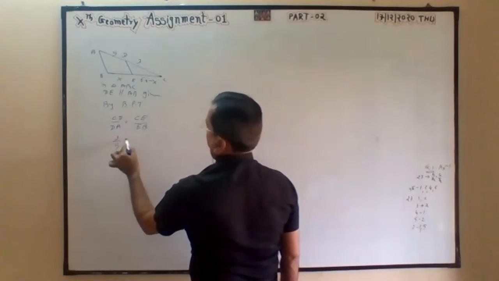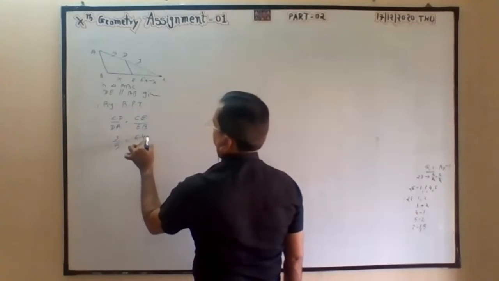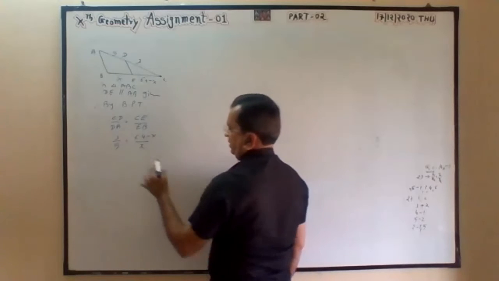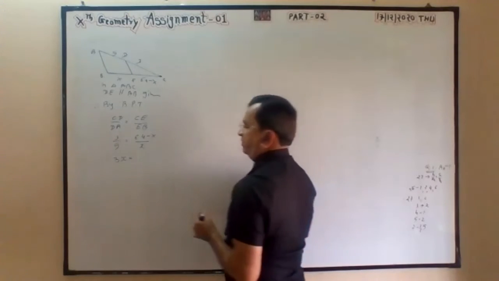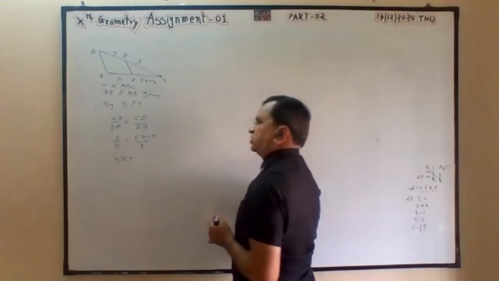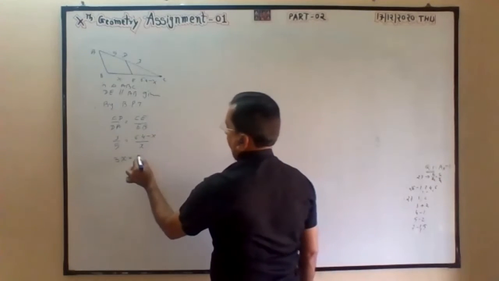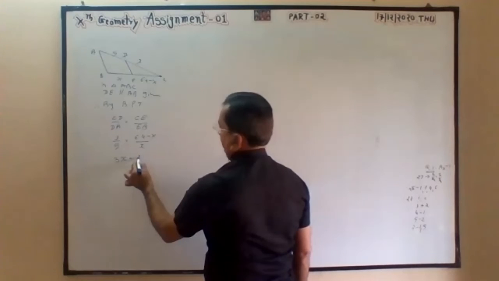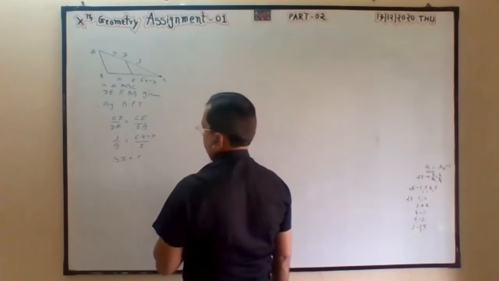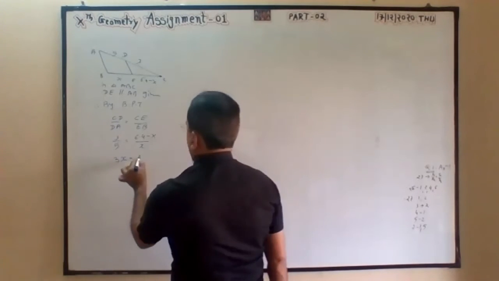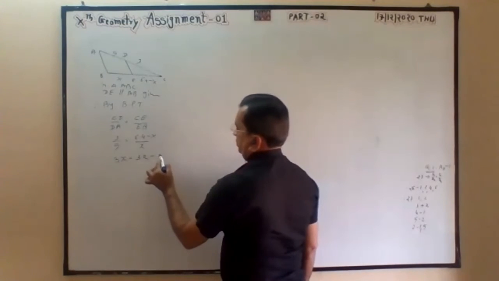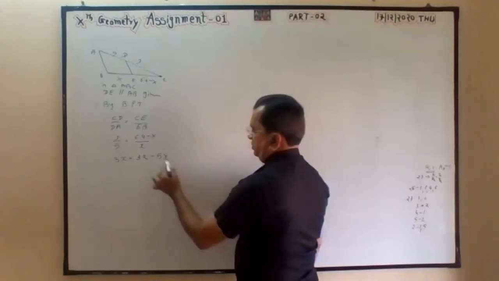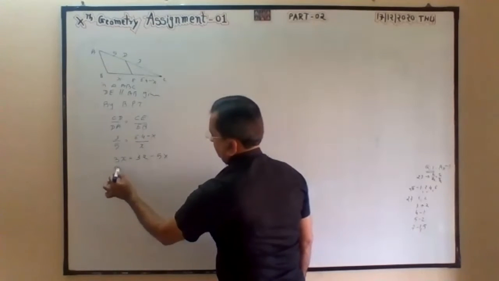So 3 by 5 equals 6.4 minus x divided by x. Cross product: 3x multiplied by this, so 32 minus 5x. This goes to this side, 8x.